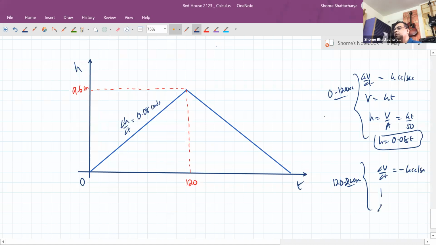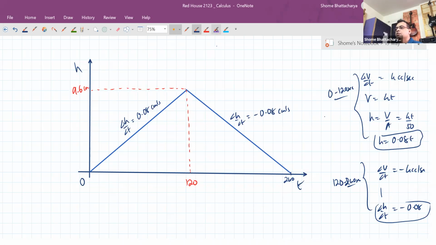So accordingly, the rate of change of height would have become minus 0.08. Okay. So this slope here, delta H by delta T, is minus 0.08 centimeters per second. That is why when you reach here at 240 seconds, that is 4 minutes, the height finally becomes 0.